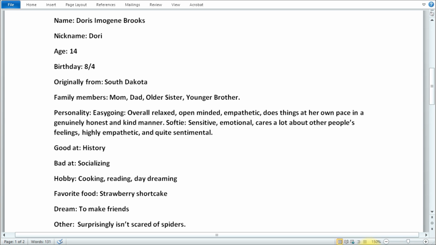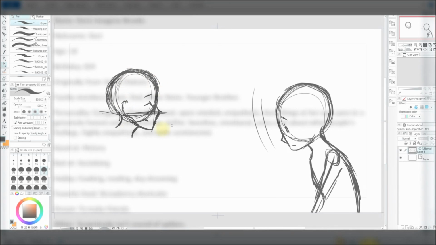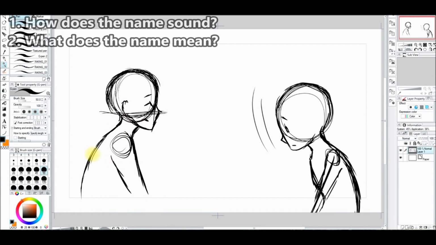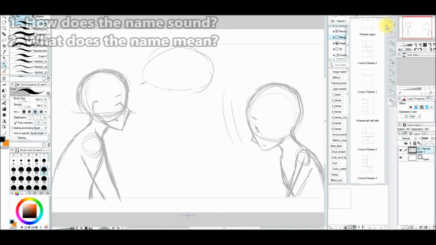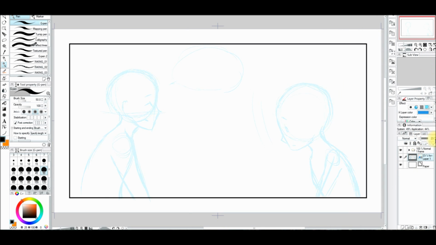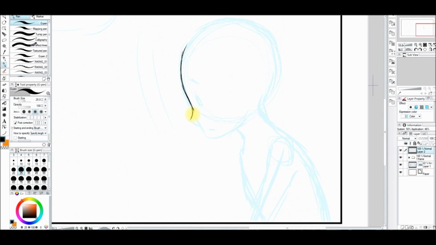So for naming characters, I like to keep two things in mind. One, what does the name sound like? And two, what does the name mean? So for what the character's name sounds like, let's say I have a character that I want to portray as soft and girly and pretty.